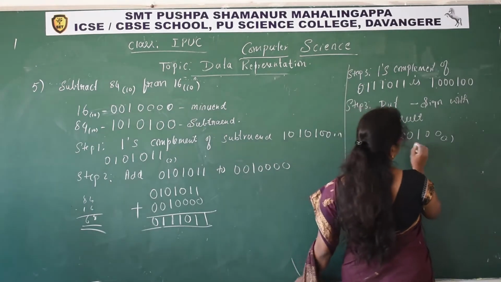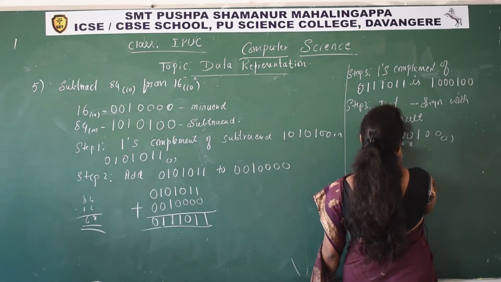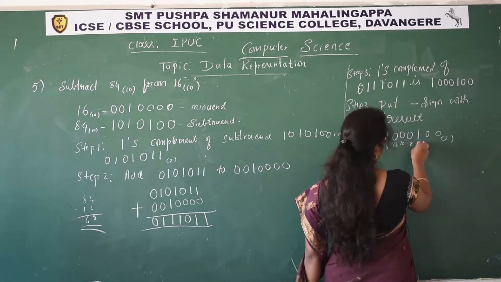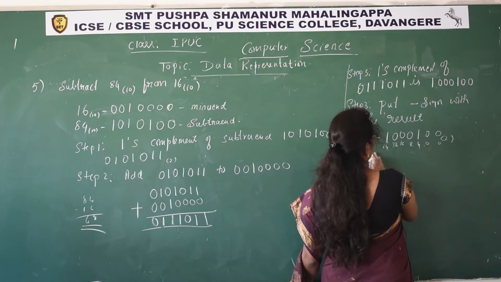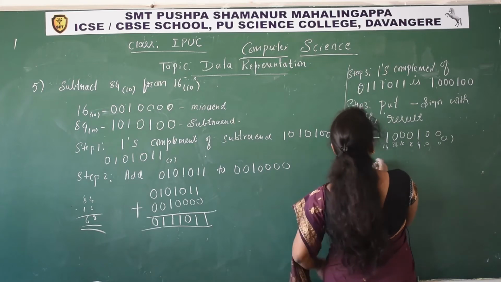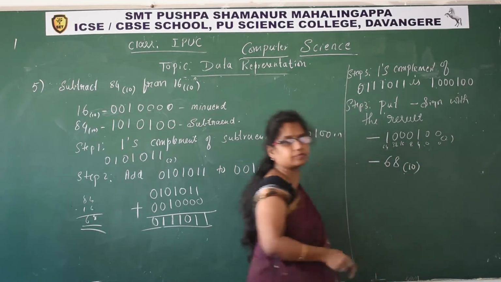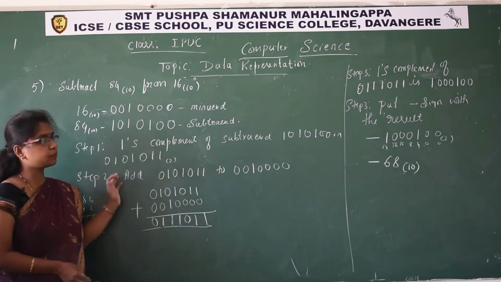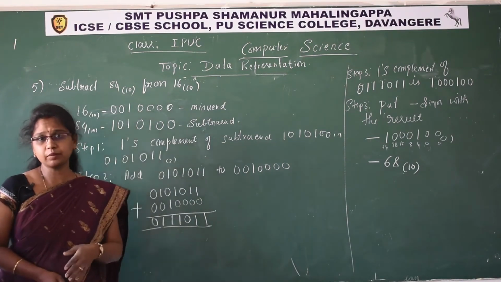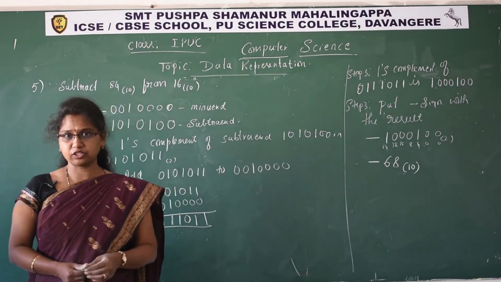This is 4, 8, 16, 32, 64. 64 plus 4 is 68. So finally we have to write minus 68 base 10. I hope you understood how to subtract a larger number from a smaller number and a smaller number from a larger number using 1's complement subtraction. Thank you.